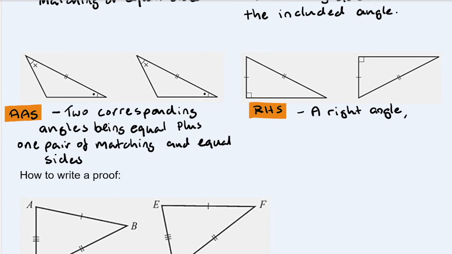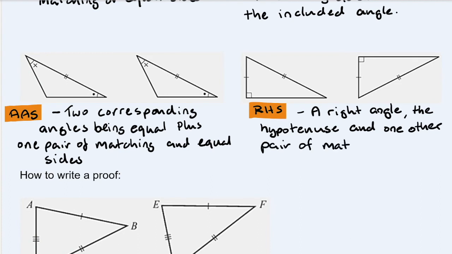Alright, we want the hypotenuse and one other pair of matching sides all to be equal.